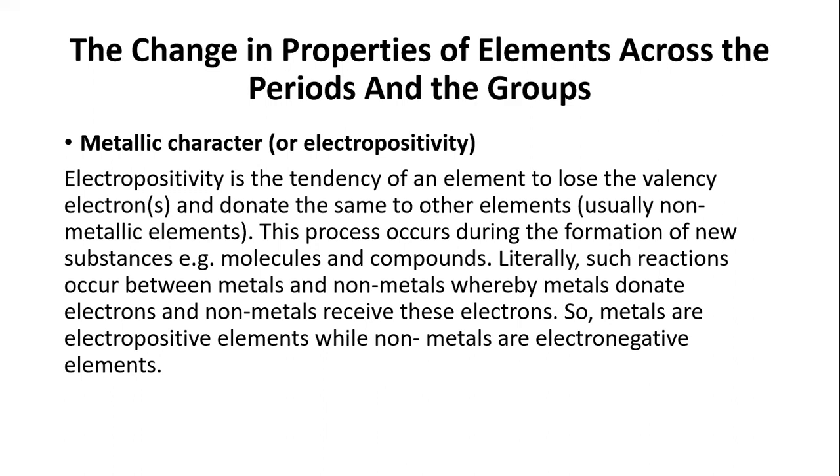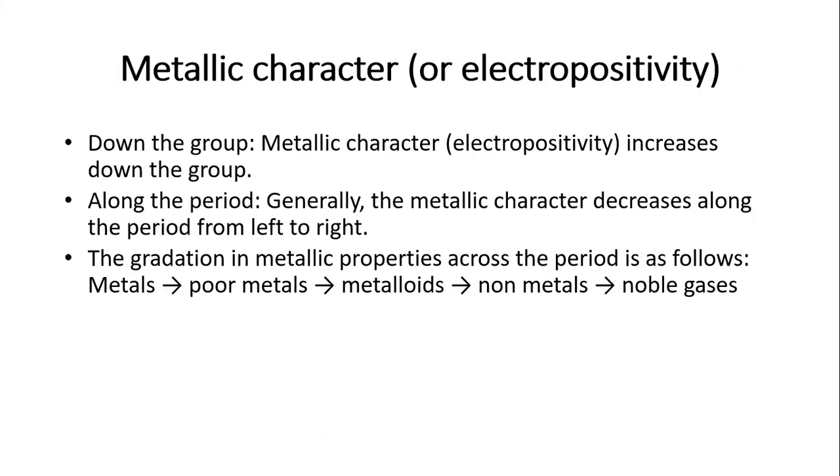This means that they are the ones that receive the electrons. I hope it's clear. Moving on to the other one, we have to know this metallic character. Let's see how it works across the groups and across the period.